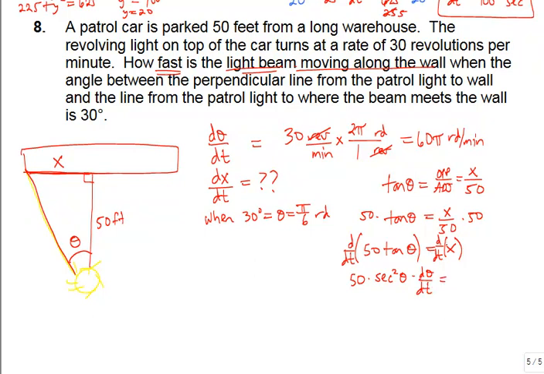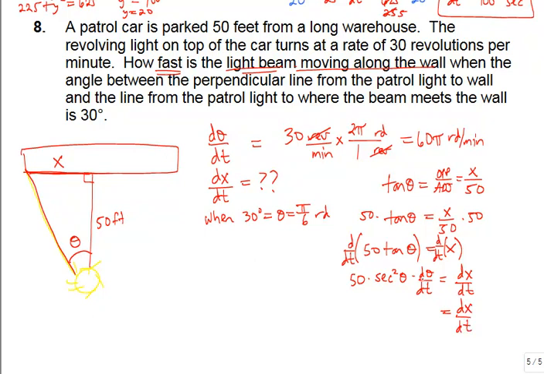And then on the right side, the derivative of x would normally just go to 1, but we would have to multiply that by a dx dt. So we're ready to start plugging in. We're trying to solve for dx dt, so I'm going to leave that as is.